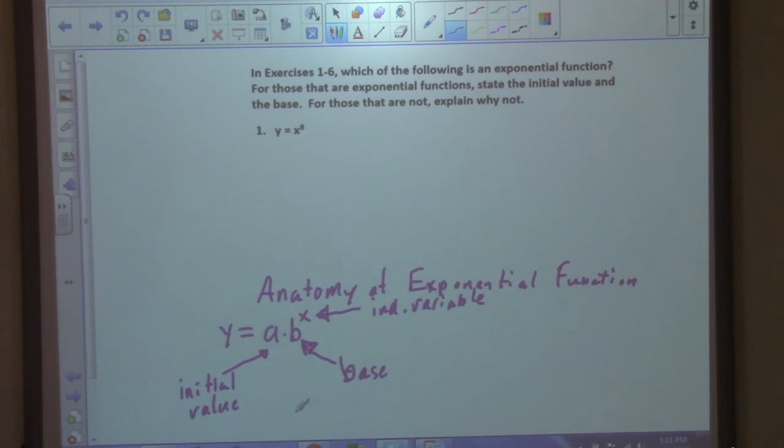So these things right here, initial value and base, must be numbers. But this place of the exponent is not a number. It is x. So is this an example of an exponential function? No, it is not. And why not? Well, because you need a variable as the exponent, right? So variable needed as exponent.